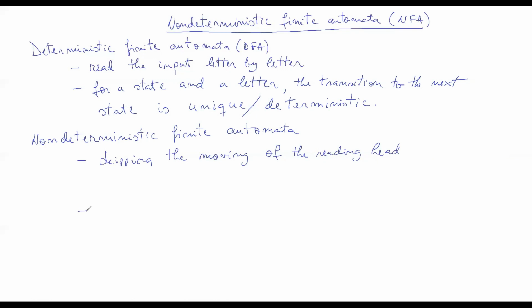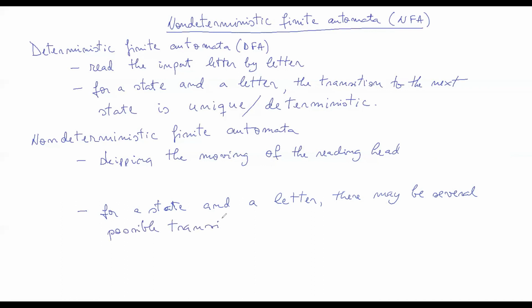And the other freedom they take is that for a state and a letter, there may be several possible transitions. If you want, this is the same as saying several possibilities for what the next state may be.